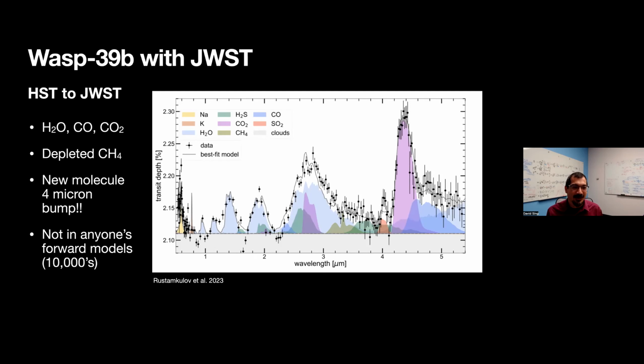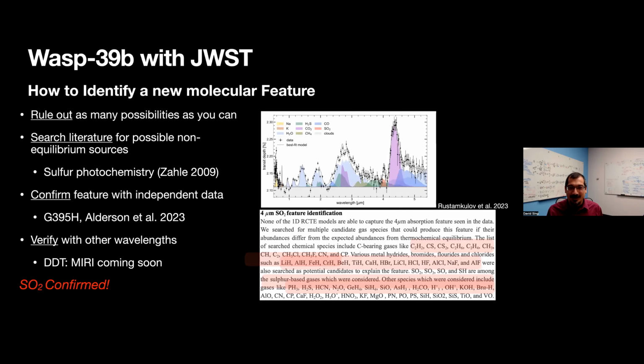What's this new molecule? So I just wanted to quickly go over how you identify a new molecule with JWST data. One, you want to rule out as many possibilities as you can. Here in the ERS paper are all of the different molecules we ruled out, trying to figure out what this little bump was. We also searched the literature for possible non-equilibrium sources, and sulfur photochemistry was predicted by Kevin Zahnle in 2009.